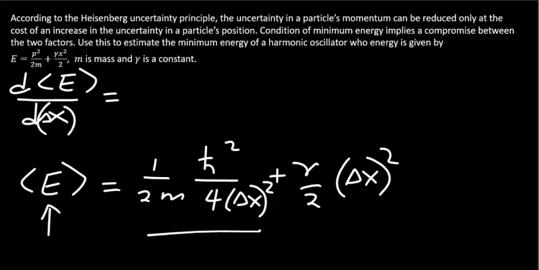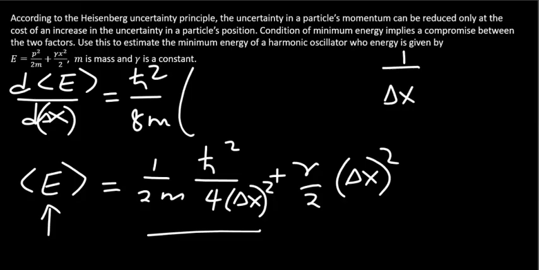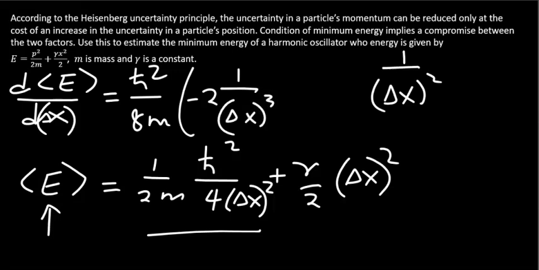Now the first term, we have a bunch of constants, h bar squared over 8m. This is 1 over delta x squared. When you take the derivative of it with respect to delta x, you get minus 2 times 1 over delta x raised to the power 3.